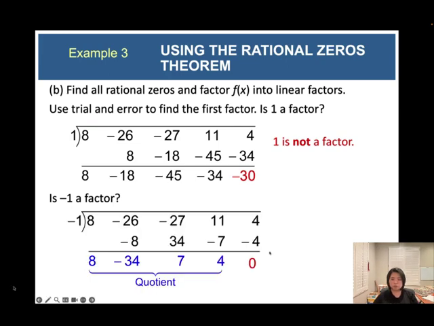Okay, check your work. Yes, negative 1 is a factor. Okay, and now we're gonna write down the quotient. Okay, this is an x to the power of 4, so we're gonna subtract 1. We do have an x to the power of 3. So 8x cubed minus 34x squared plus 7x plus 4.